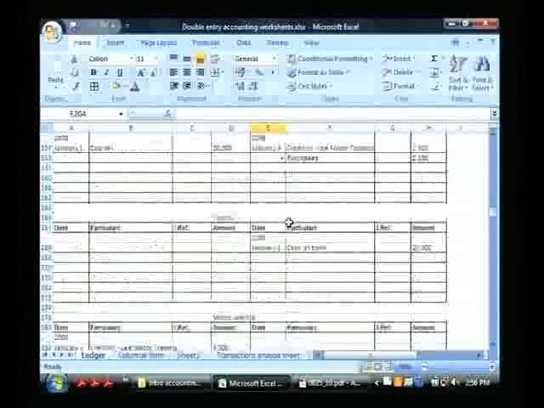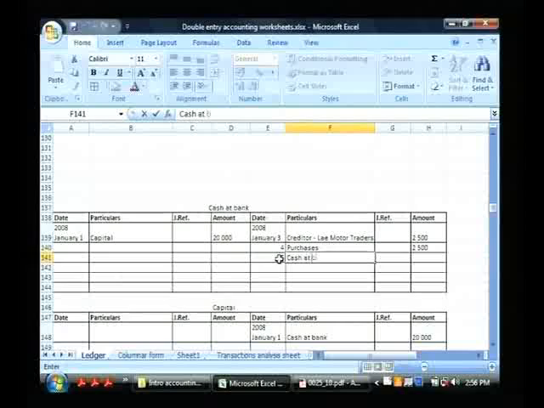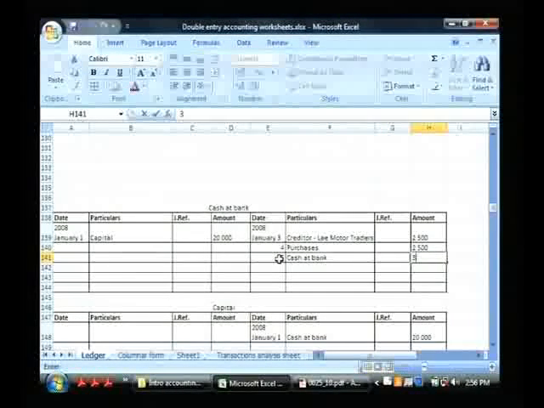Then cash at bank account credit, cash at bank credit 300.